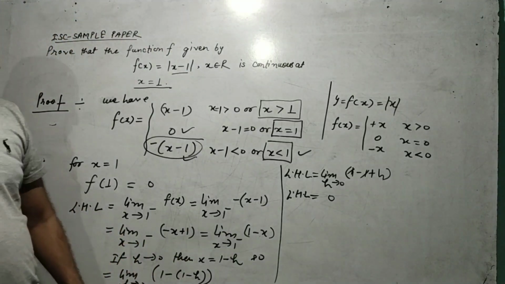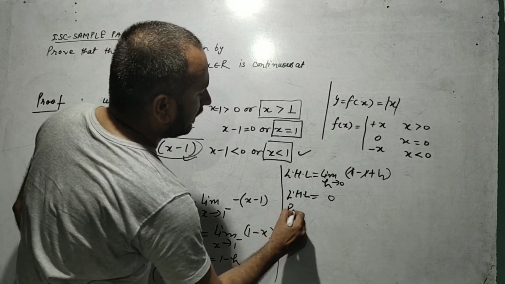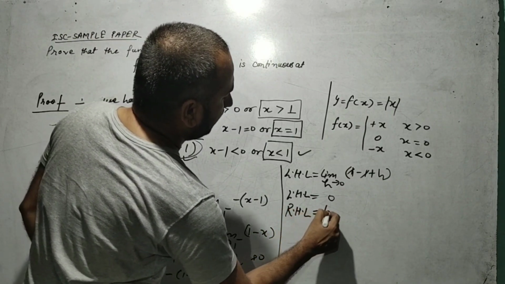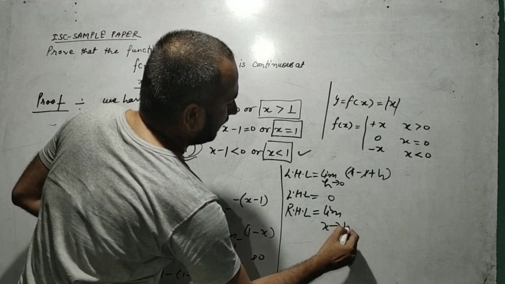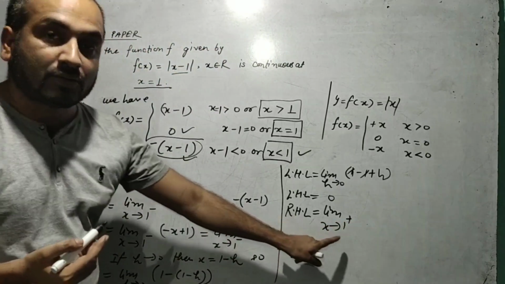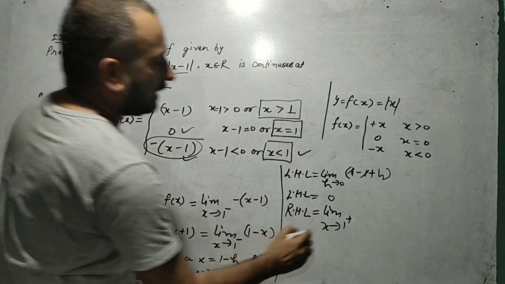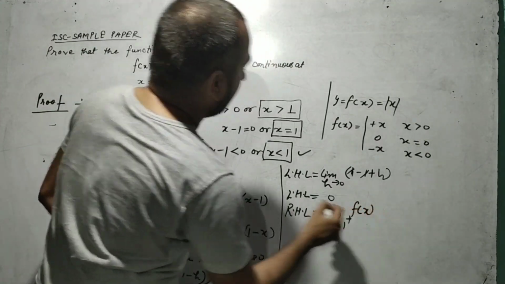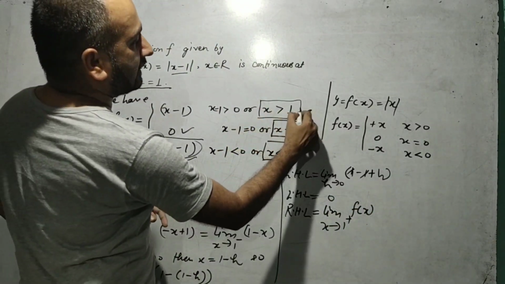And now students, I am going to discuss the right hand limit. How will you find the right hand limit? You write the limit as x tends to 1 plus of f(x), which means the value of the function for x greater than 1.